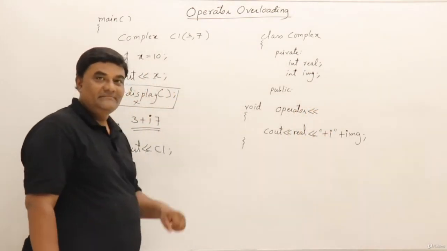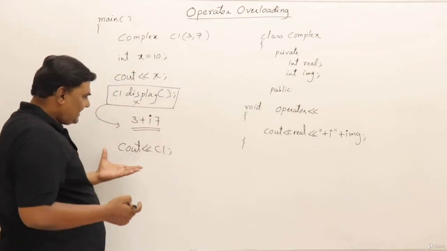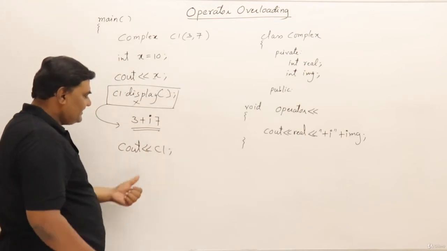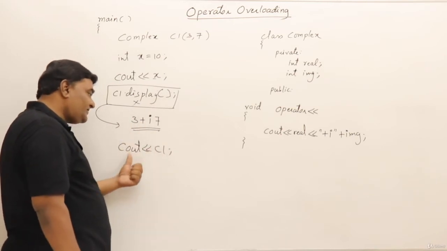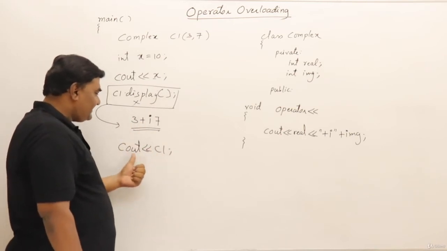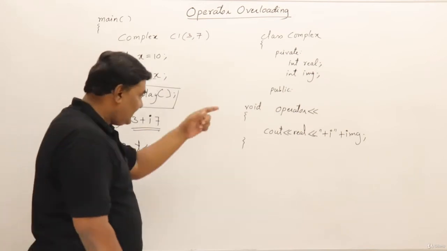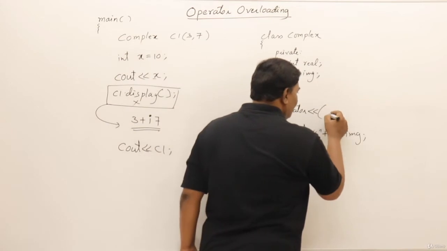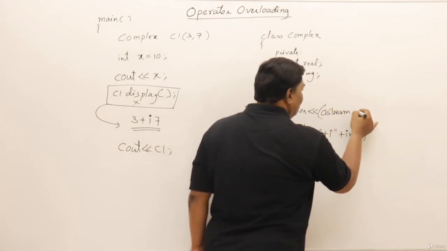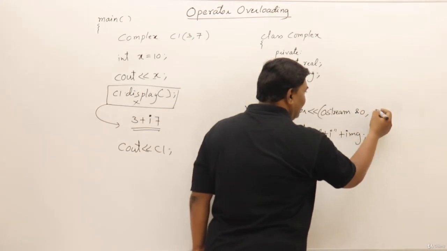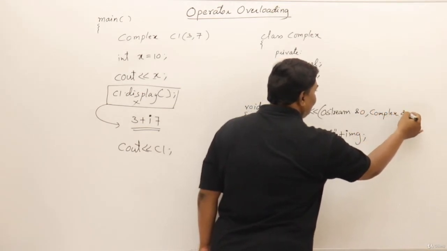Okay, this is done. Then this insertion operator will take parameters. What are the parameters? It will take an object of complex number as well as an ostream object, two objects as parameters. So I must pass two operands here: one is ostream reference o and complex reference c1.